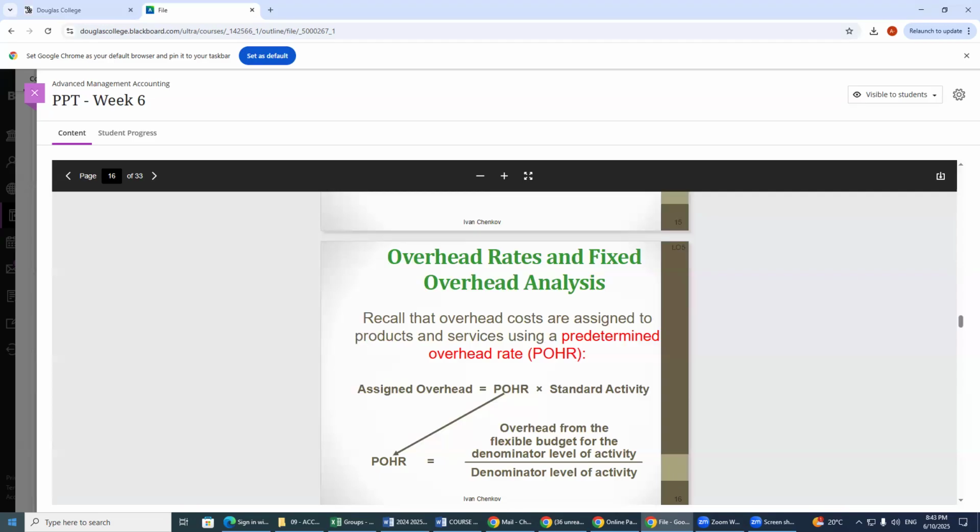Since we already know that's impossible, the question is, what will be the normal hours that you will require from the employee to work?